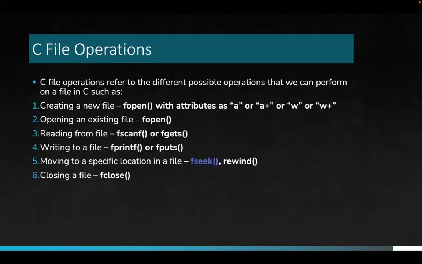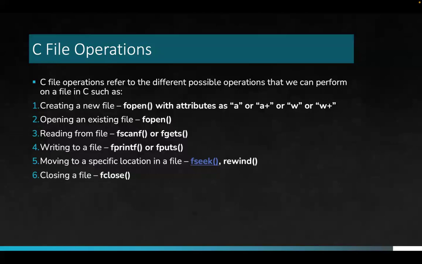You can open with a, a+, w, w+. A is nothing but append data. If you want to read, or read plus add new data to the existing file without removing the entire data from the file, that mode is a.